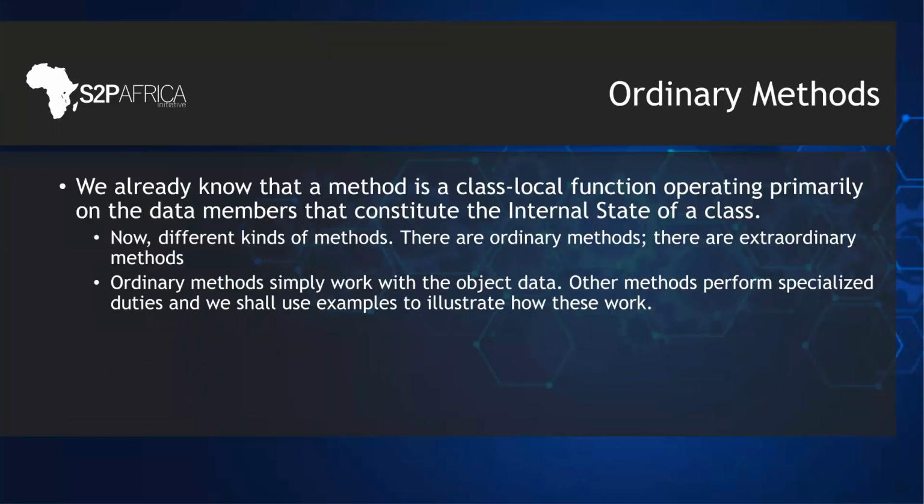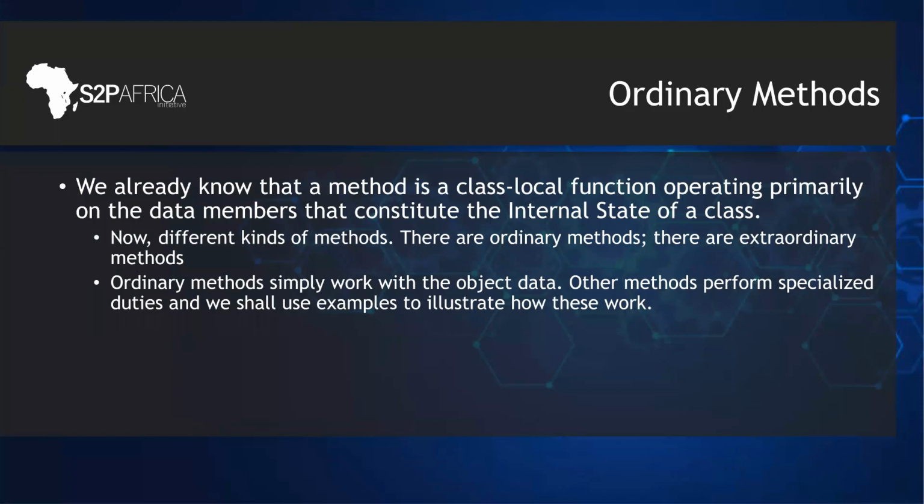Okay, ordinary methods. We already know that a method is a class local function operating primarily on the data members that constitute the internal state of a class. The internal state of the class is determined when you instantiate the class. The student class doesn't have any internal state, but a particular student has an internal state because he has a name, he has matric, and he has subjects.